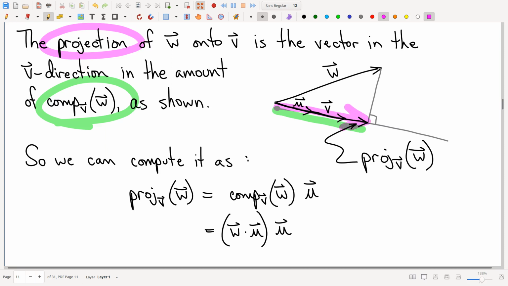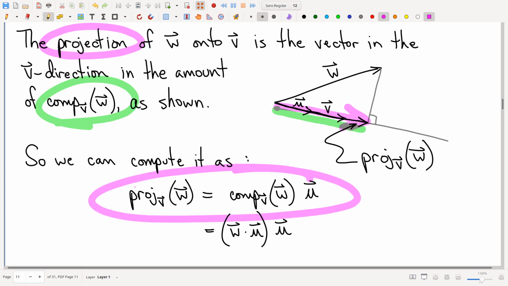Same kind of deal. Look at the w, but I only care about the part in this direction here. Same basic idea, but component being a scalar, the projection is a vector. Everybody see the difference? So how are we going to understand this vector? It turns out there's a really handy little formula.